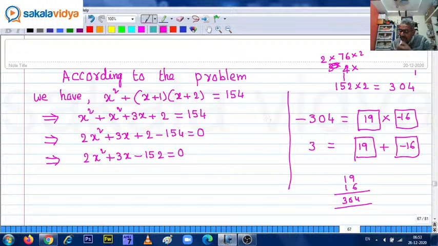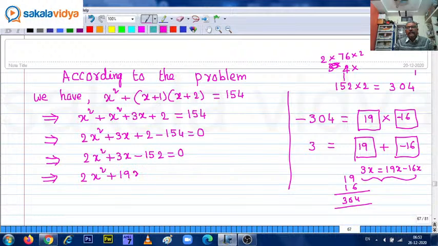Absolutely correct. Okay, Rakesh Kadiala, welcome. So that means this 3x can be written as 19x minus 16x. Arjun Krishna, absolutely correct. This we can write 2x square plus 19x minus 16x minus 152 equals 0.